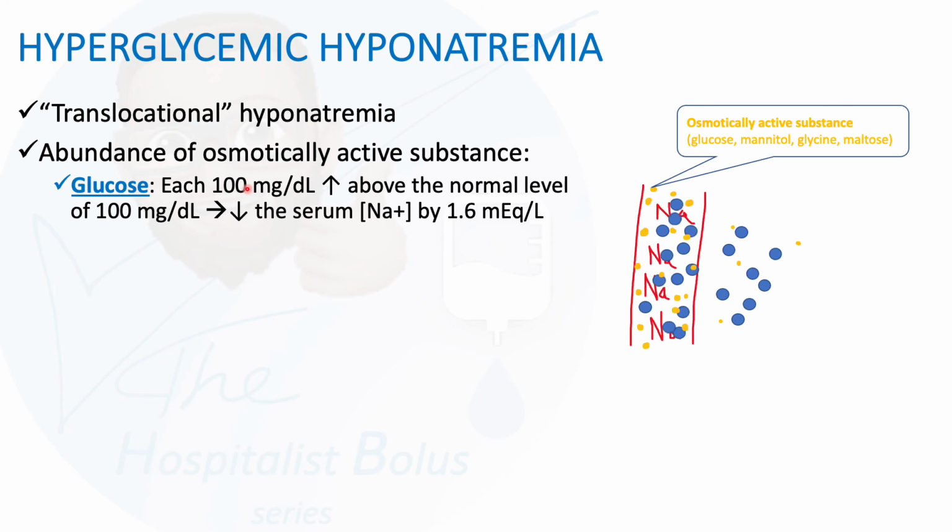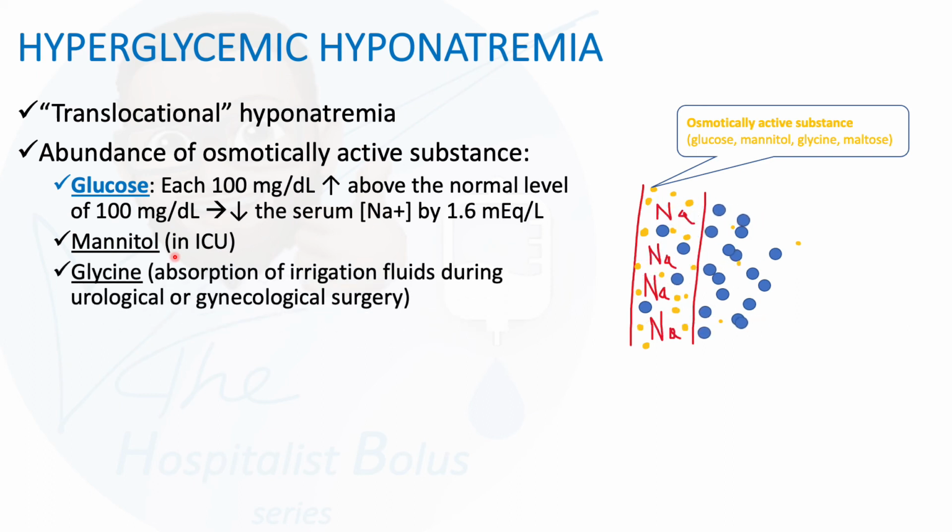And this is most common, as you know, from DKA, or in patients with hyperosmolar hyperglycemia as a complication of diabetes. And then also in the ICU, sometimes they use mannitol. Mannitol also can increase osmolality. It's an osmotically active substance.